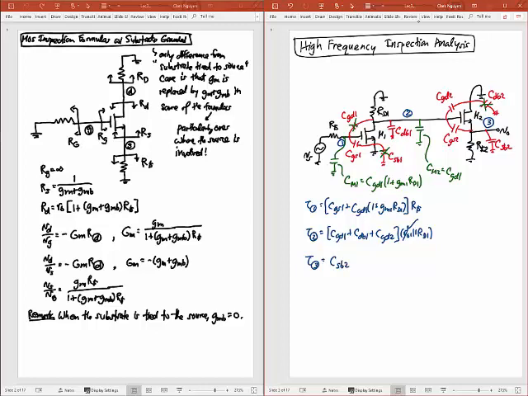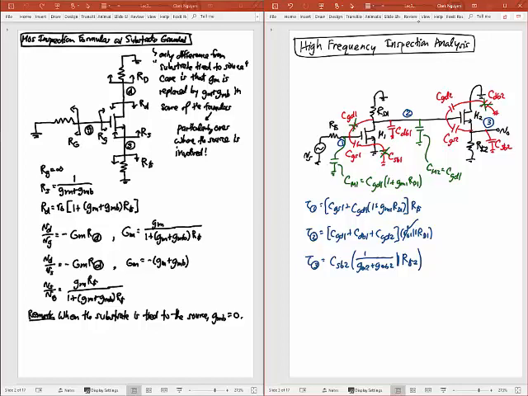And that then is going to be multiplied by the resistance I see looking up into the source of M2 in parallel with the resistance I see looking down, which is just RS2. So looking up into the source of M2, remember, is a 1 over GM of 2. But if I want to be accurate, I could say plus GMB of 2 there. I'll put that in parallel then with RS2. Okay? And so that now is that time constant.